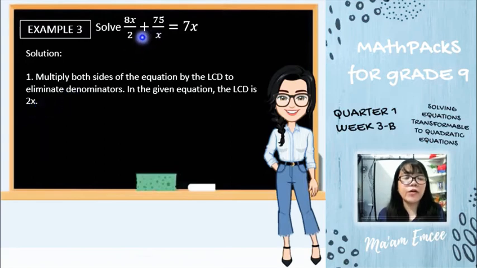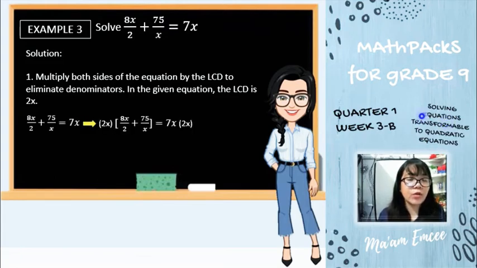Again, if you have two or more denominators and if their common factor is just equal to 1, then the LCD of that particular equation will be the product of your denominators. So we multiply both sides of the equation by 2x. So multiply 8x over 2 plus 75 over x by 2x, and we multiply 7x by 2x as well.